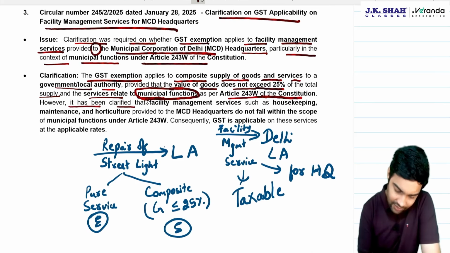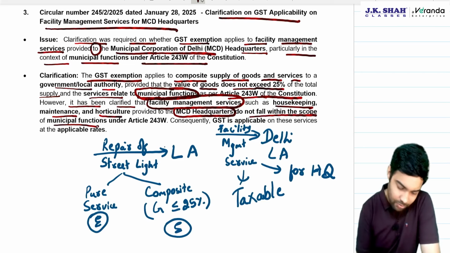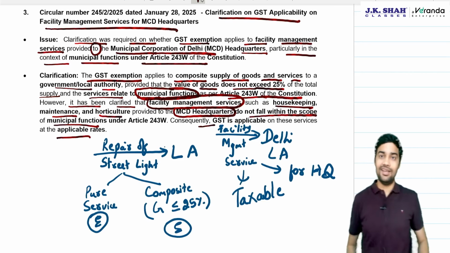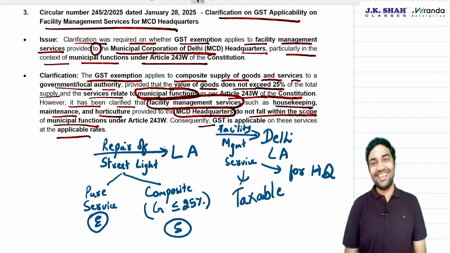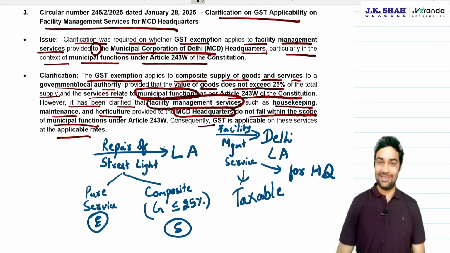However, it is clarified that facility management, housekeeping, maintenance, horticulture provided to MCD headquarters do not fall within the scope of municipal functions. GST will be applicable. MCD will not get exemption for its own headquarter facility management.